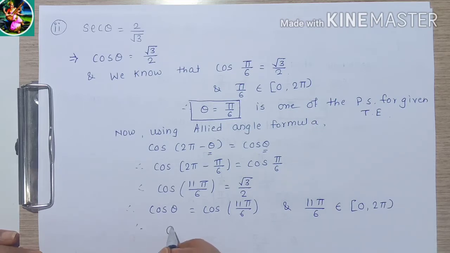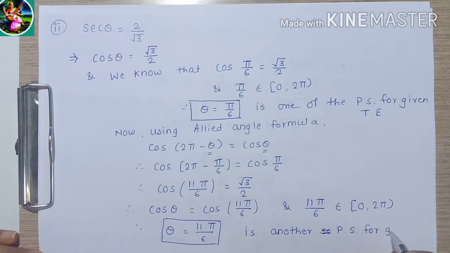Therefore, theta is equal to 11 pi by 6 is another principal solution for the given trigonometric equation.